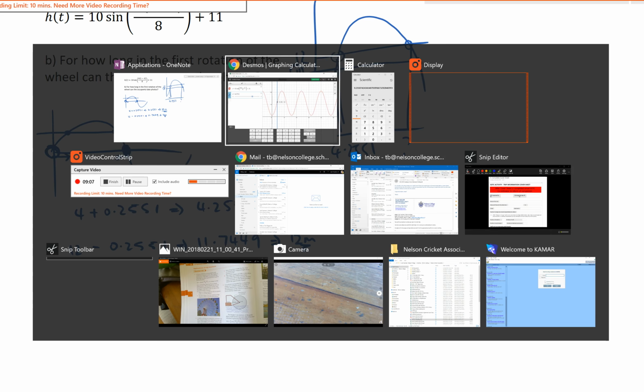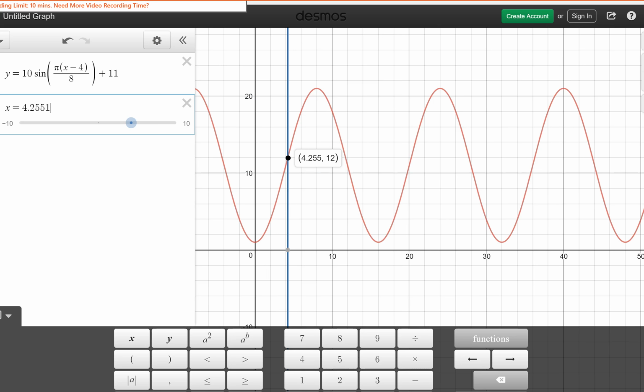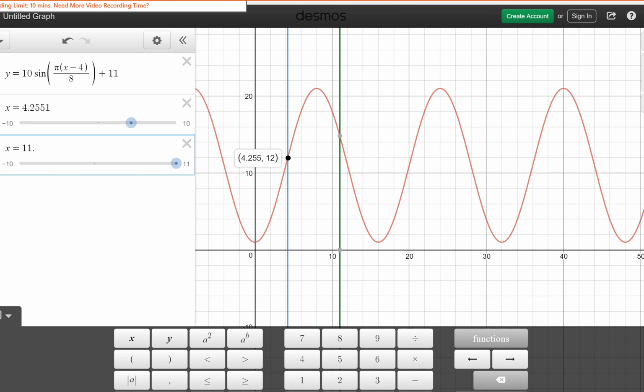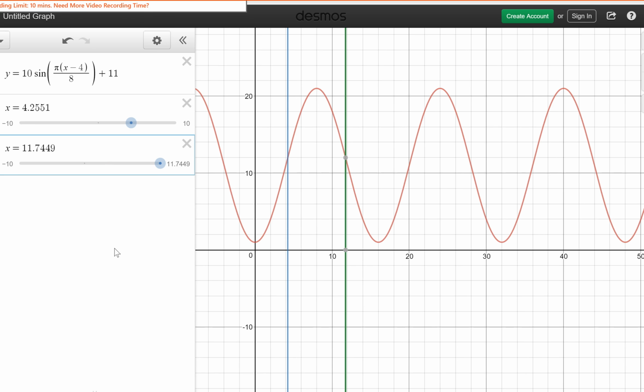Go back to Desmos, get another one, x equals 11.7449. Put another there, and there's our 12.